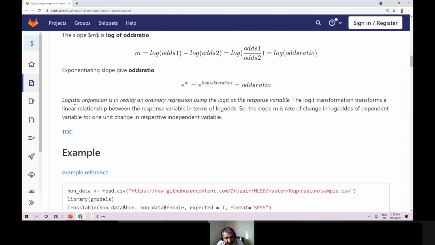So we learned that logistic regression is in reality ordinary regression, but we are using a link function, or logit, as a response variable. So W transpose X is put into the link function and we get probability. But that particular linear relationship between X and Y is transformed.